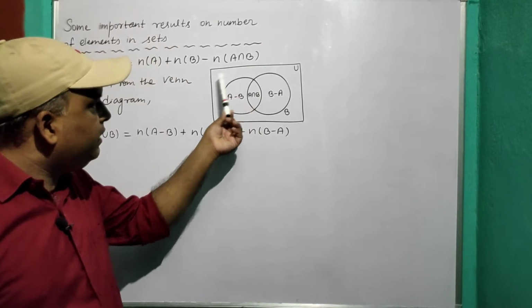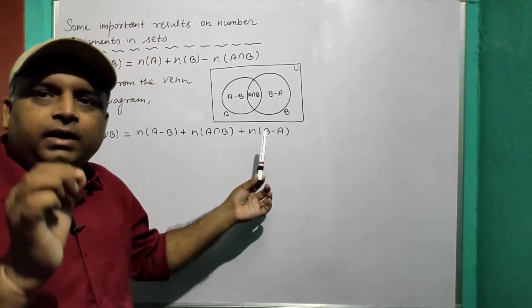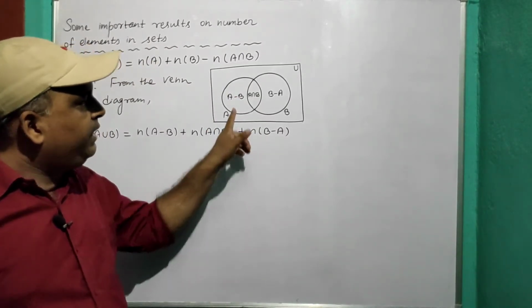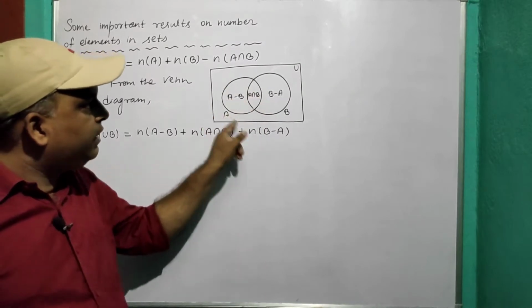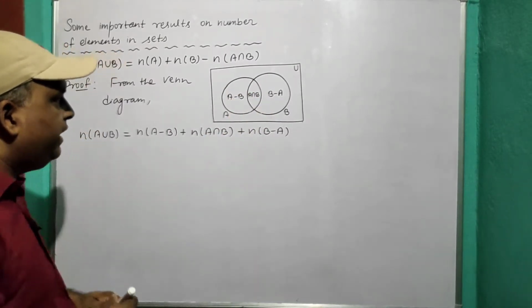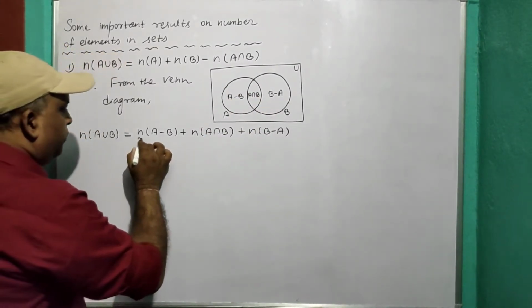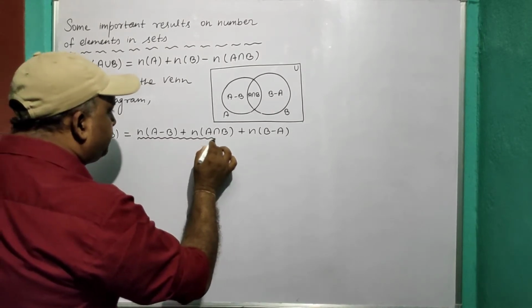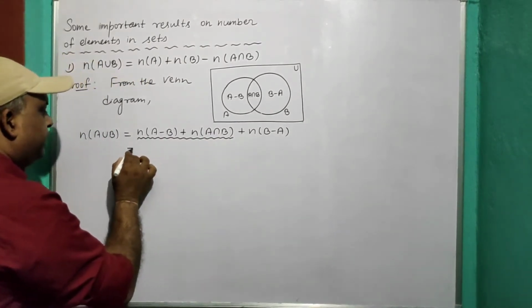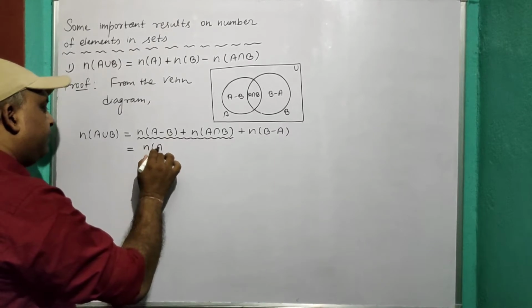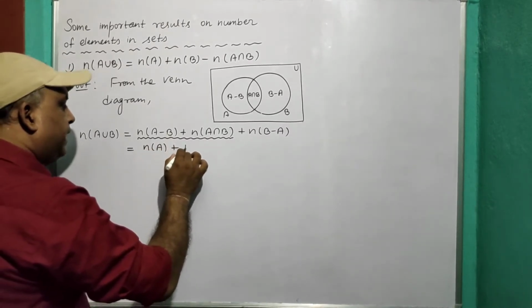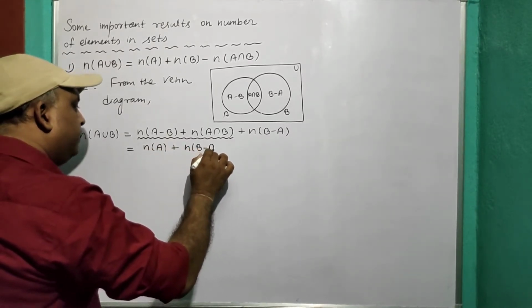And this complete circle is nothing but your set A. So in place of this part, you can simply write n(A) plus n(B minus A).